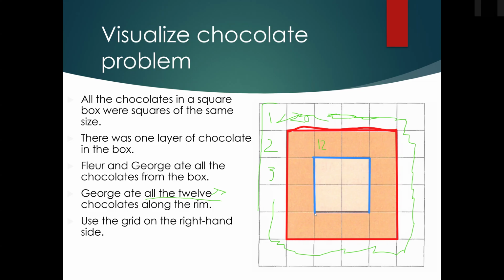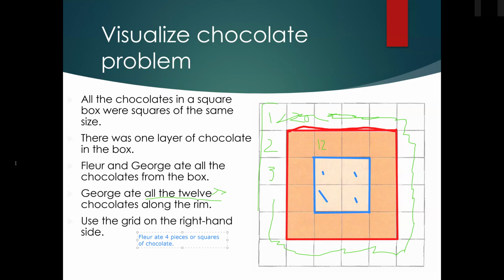And when we count the number of chocolates on the inside, the number of squares on the inside, we get 1, 2, 3, and 4. So the answer is that Fleur ate four pieces or squares of chocolate?